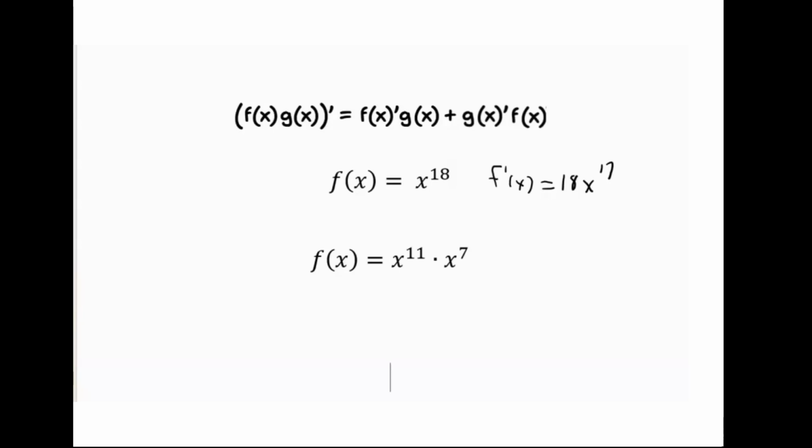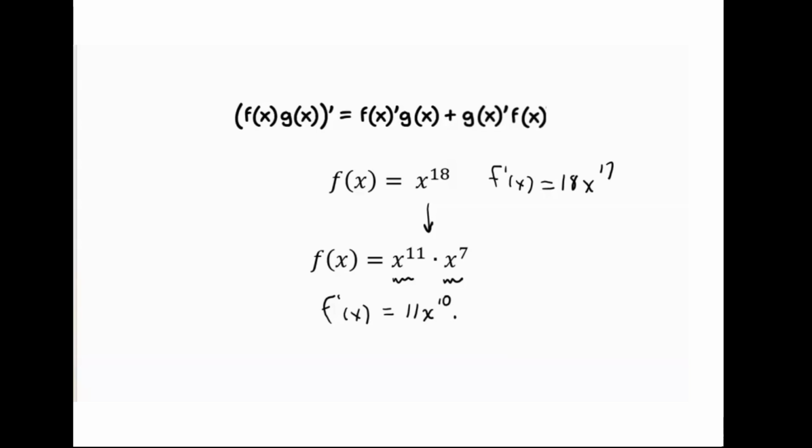Well, if you look at here, I took x to the 18th and I broke it up into x to the 11th times x to the 7th. We know that equals x to the 18th by the law of exponents. Well, what happens if we try to take the derivative of each of the parts of this product? So the derivative of x to the 11th with the power rule would be 11x to the 10th.